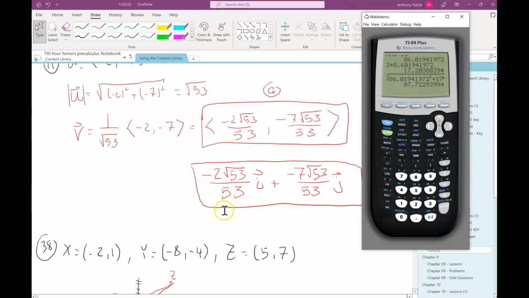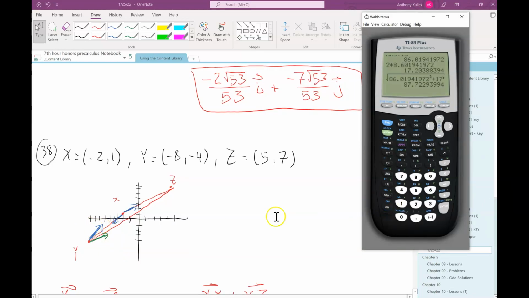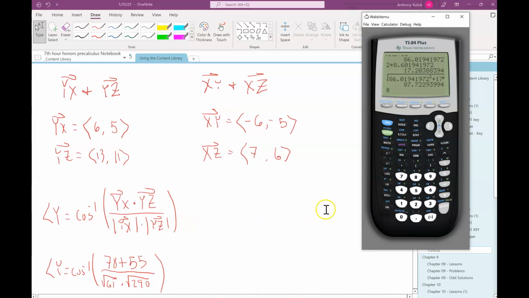And just FYI, I'm expecting this one to be an itty bitty little tiny angle from my picture that I drew. Let's see if that's indeed what we get. Notice here that I am not doing any rounding.